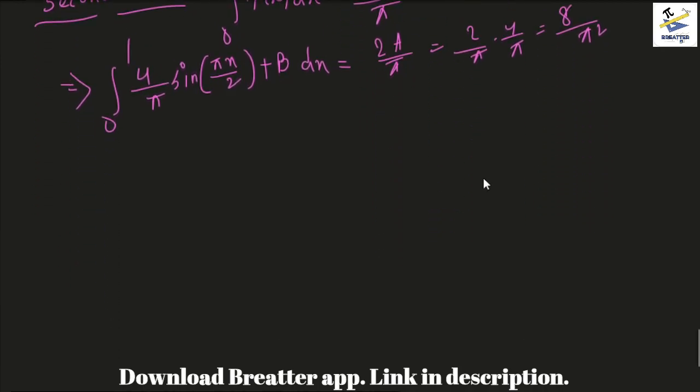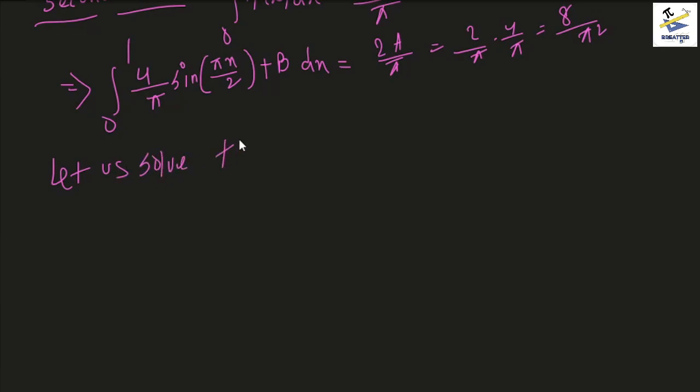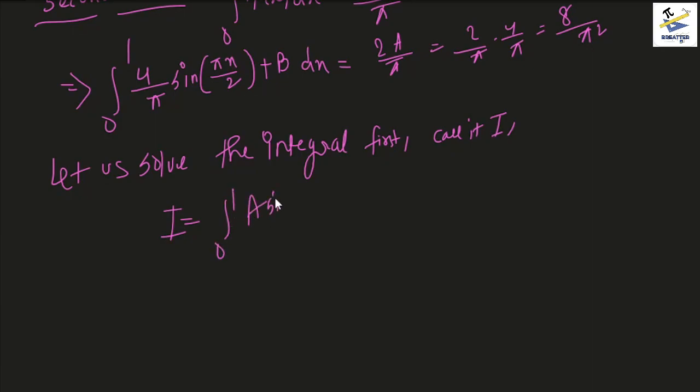So let us solve the integral first. Call it I. So I equals the integral from 0 to 1 of a sine of pi x by 2 plus b dx.